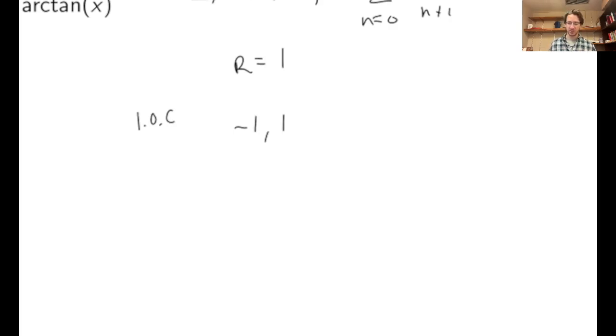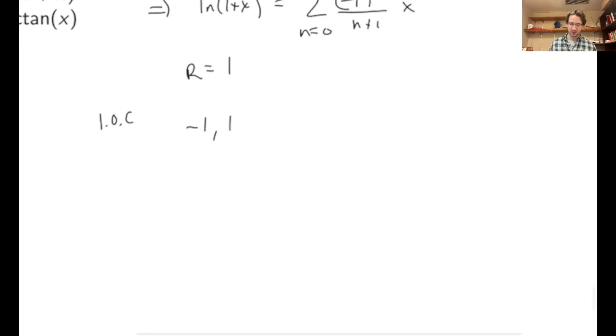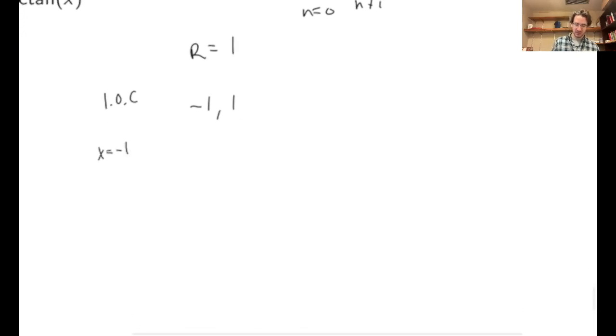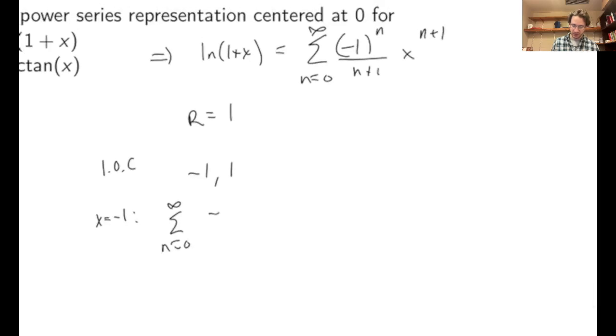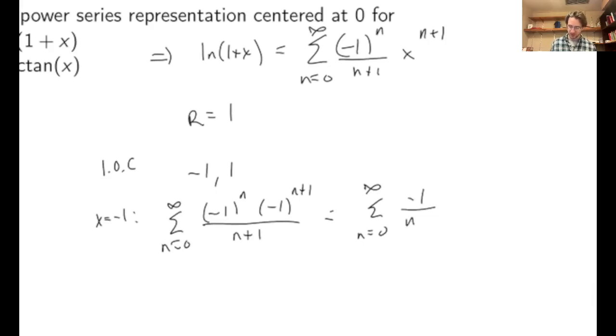So we need to check the endpoints. If I plug in the endpoint x equals -1, I get the sum n equals 0 to infinity of -1 to the n times -1 to the n plus 1 over n plus 1, which is the sum n equals 0 to infinity of just -1 over n plus 1, which diverges by the divergence test.